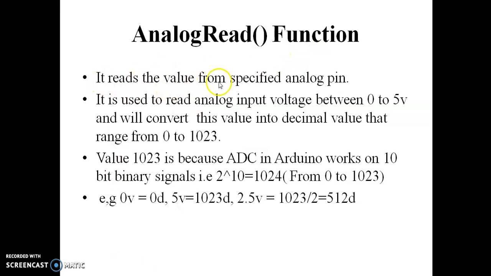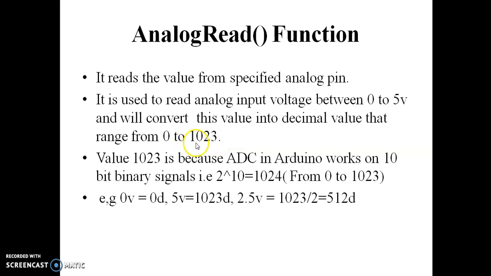It reads the value from a specified analog pin, that means from A0 to A5. It is used to read analog input voltage between 0 to 5 volts, and it will then be converted into decimal values in the range 0 to 1023.